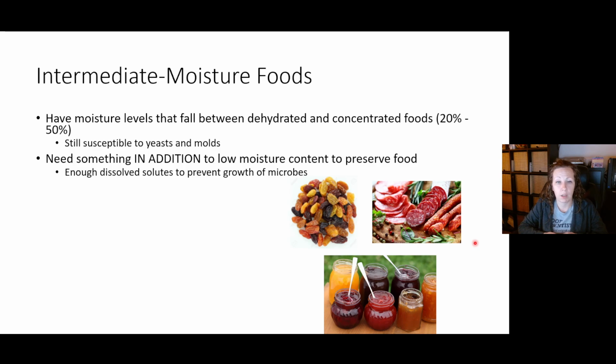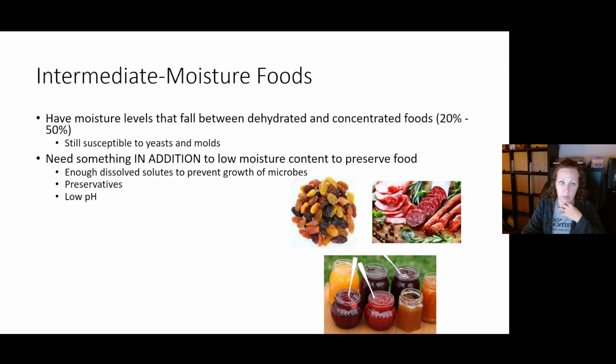And what I mean by that is solutes like salt and sugar, right? Our salami and summer sausage have salt added that helps prevent the growth of microbes. Our jams and jellies have sugar added that helps prevent the growth of microbes. Or they might have preservatives added to them.